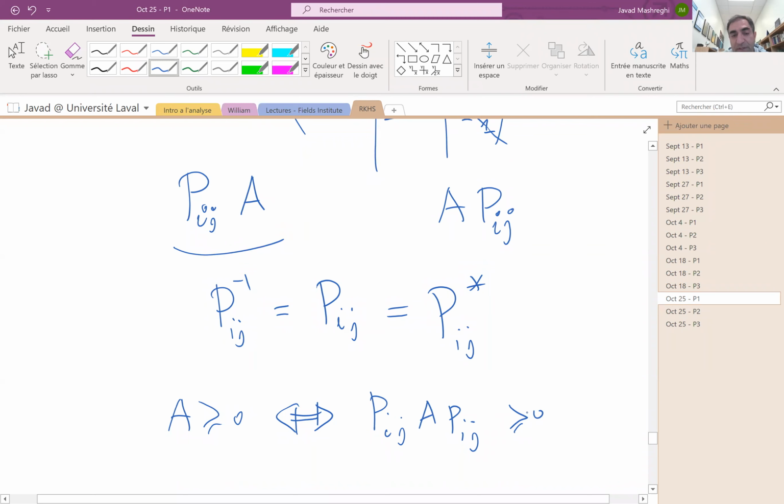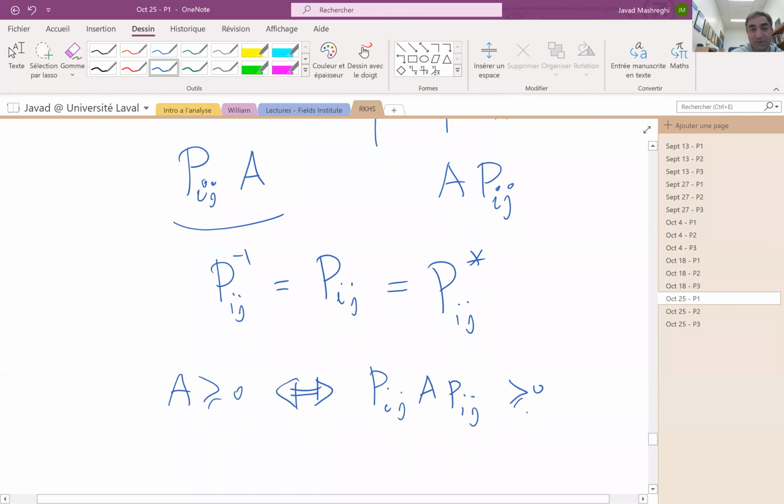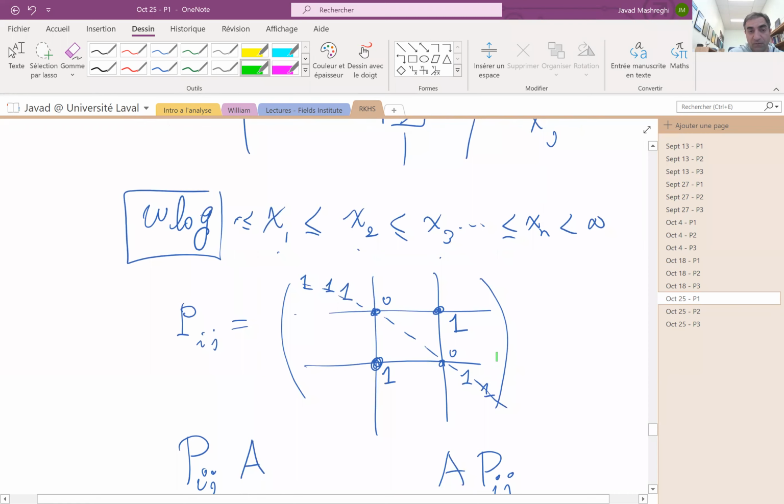In other words, you can multiply it from both sides, left and right, by Pij with any i and j you wish. And that's the clue for what I wrote here.